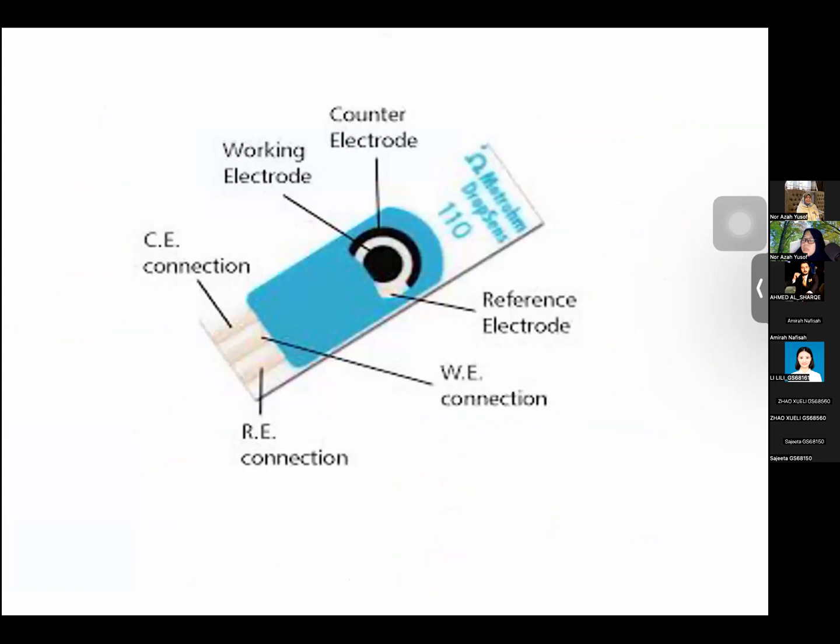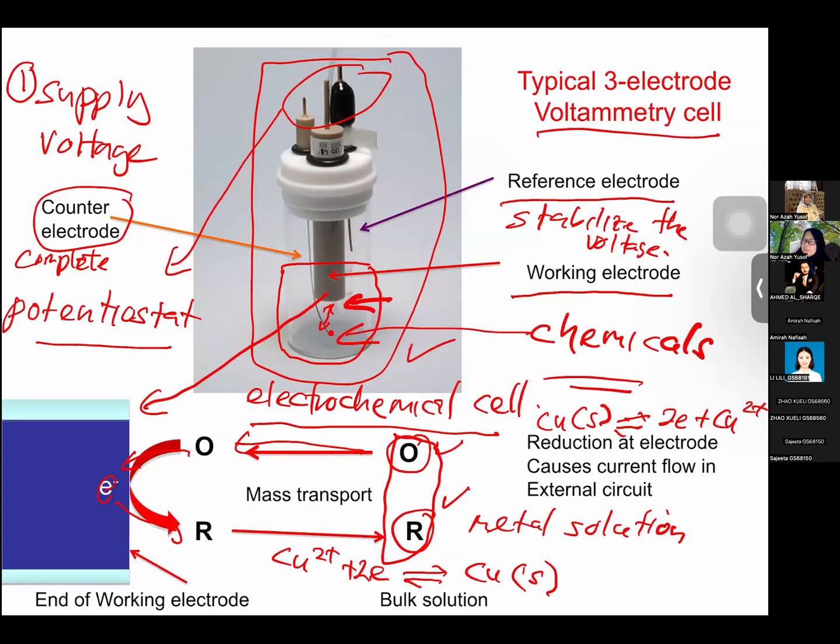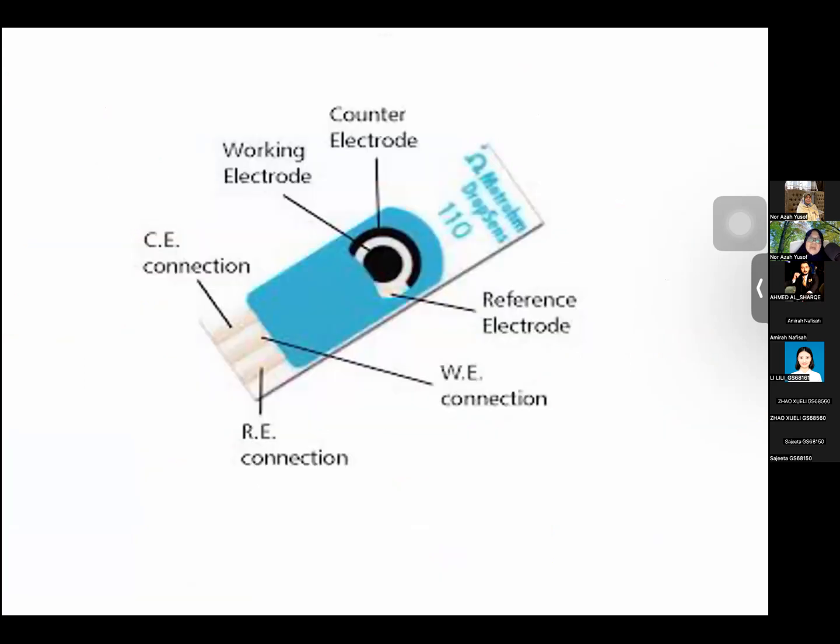Question you can ask. So now from this setup, it looks bulky. Actually, this is how it looks like now. It is a much, much smaller electrode. This is the actual size of the electrode. I have shown you some examples just now, the credit card size. So you can imagine electrodes are now miniaturized.